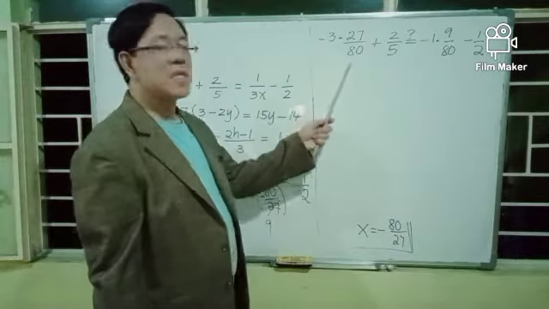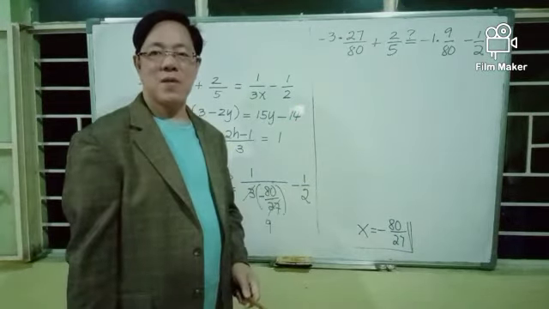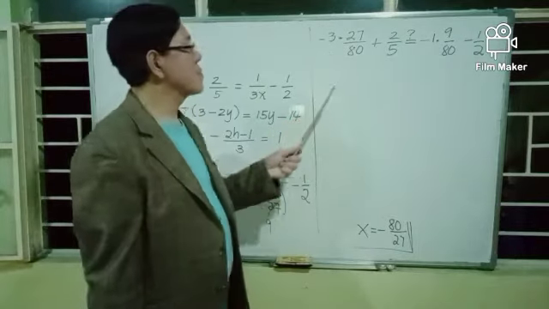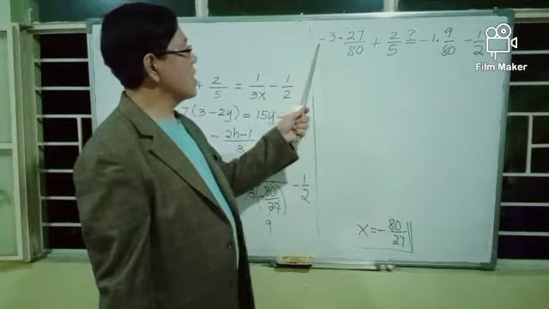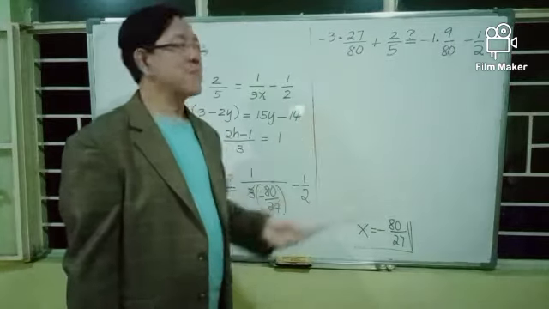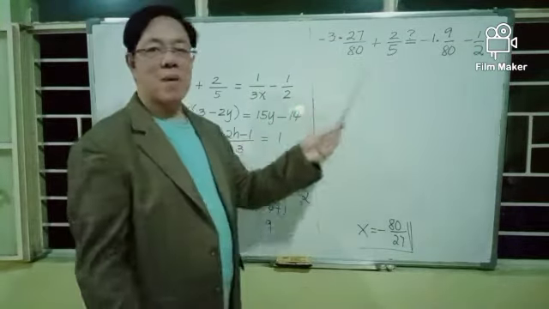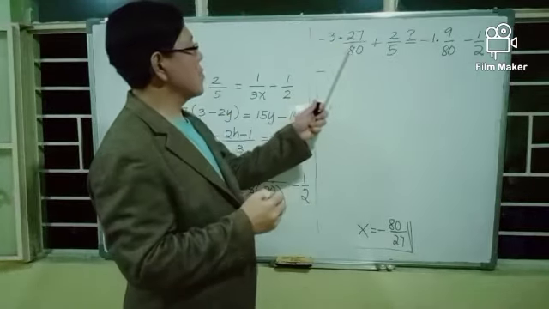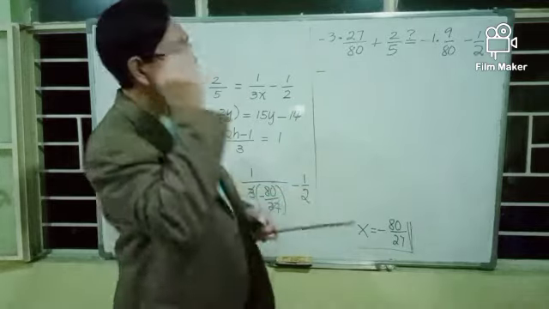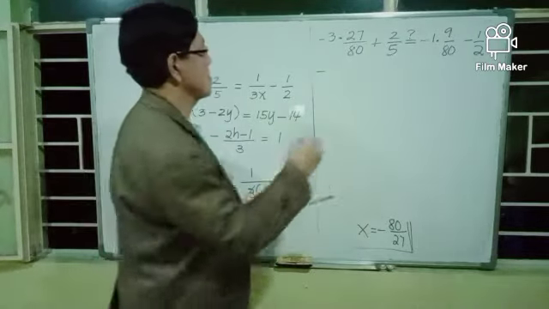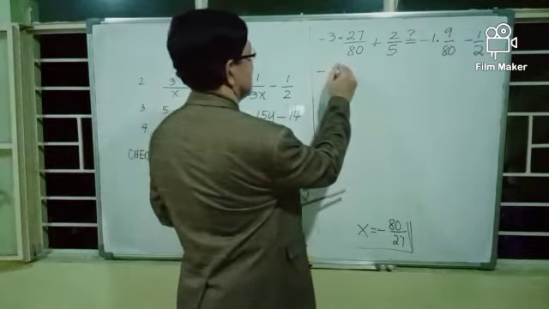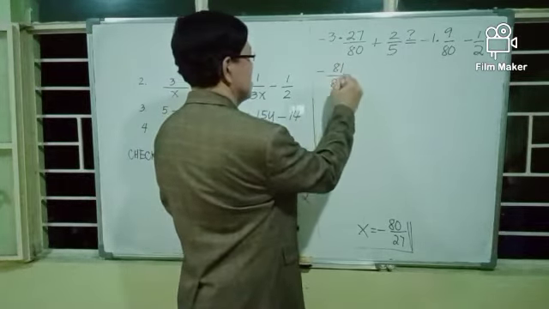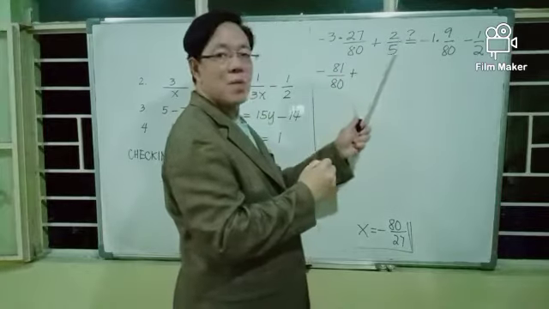Now, 3 and 80 cannot be simplified further because 80 is not divisible by 3. So we multiply negative 3 by 27, and negative multiplied by positive is negative. 3 multiplied by 27 is 81 over 80, plus 2 over 5.